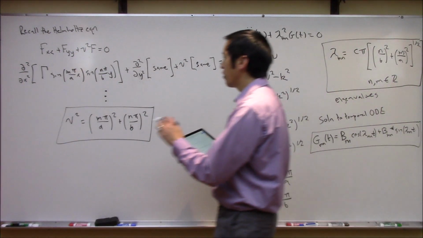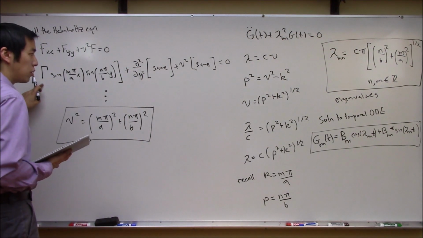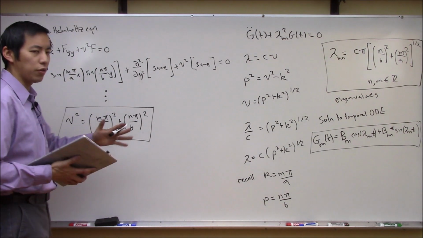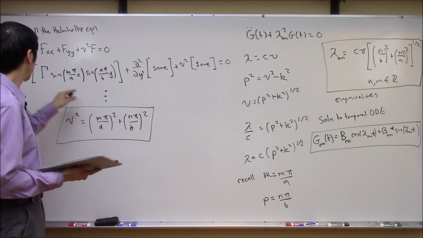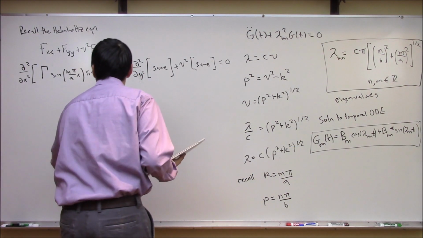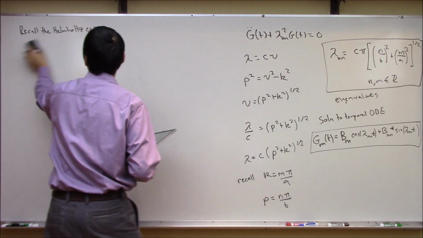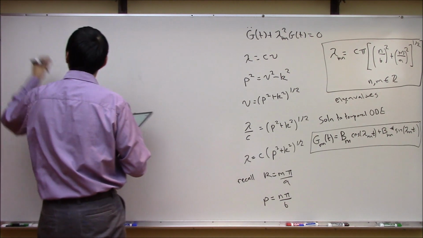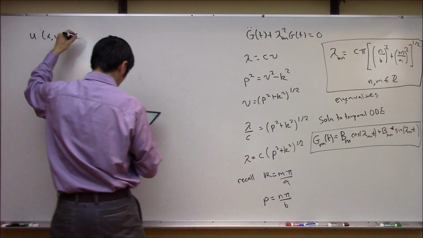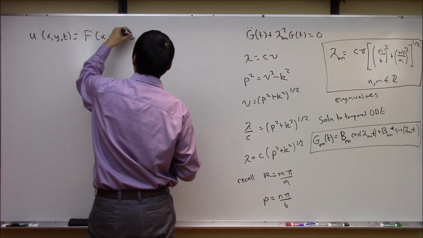We already had the solution to the Helmholtz spatial PDE, which was right here. So the total solution for the entire original PDE is the product of this times this. If you remember, when we started this whole double separation of variables principle, we said the total function u of x, y, and t is the spatial solution times the temporal solution.